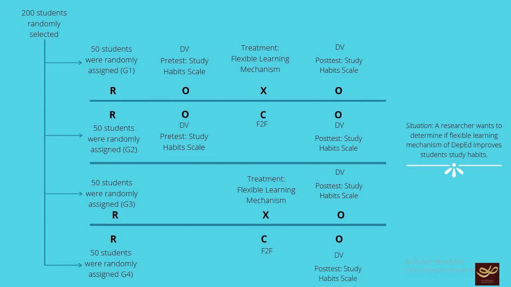So this particular post-test only control group design, as being presented for Groups 3 and Group 4, is a way of controlling for maturation. Now, after the pretest that has been given to Groups 1 and Group 2, the treatment is being given to all groups. Of course, for the control group, face-to-face, and then afterwards there was a post-test that was given to all four groups. So that is actually the Solomon four-group design.